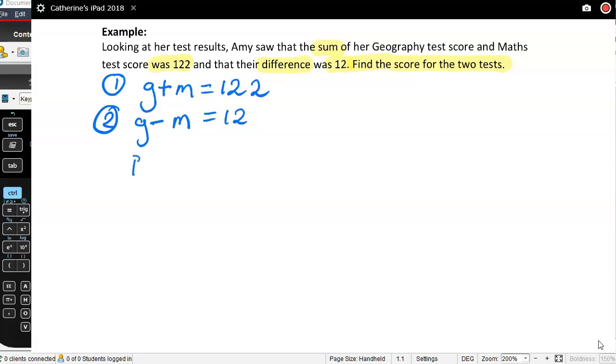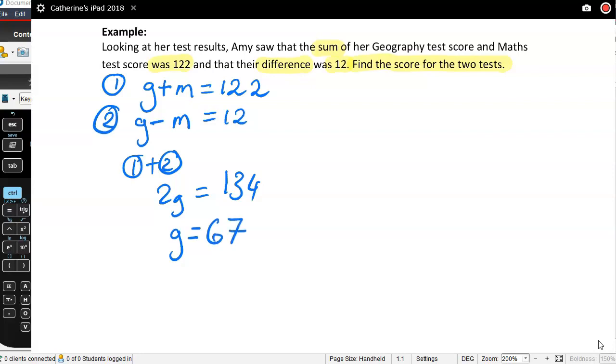So I'll add those. Okay, so G plus G is 2G. Positive M, take away M is no M. 122 plus 12 is 134. So G equals 67.